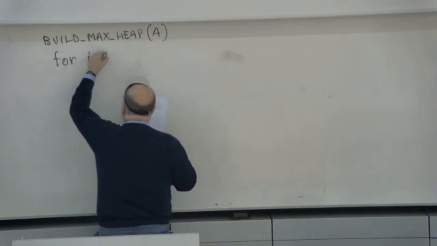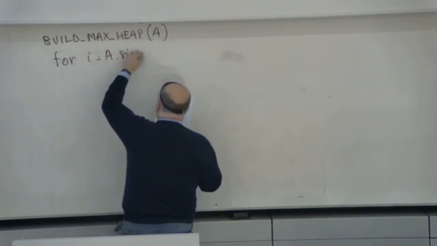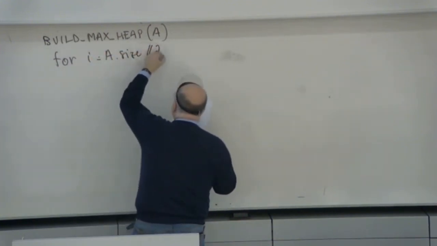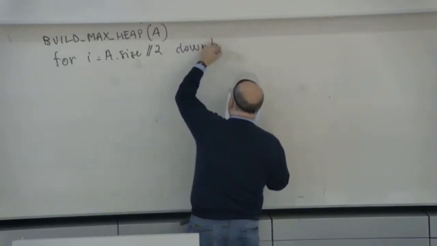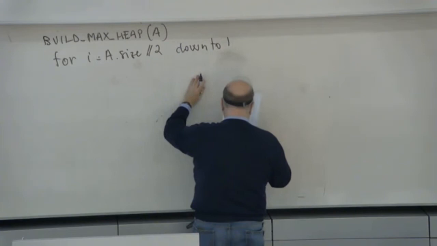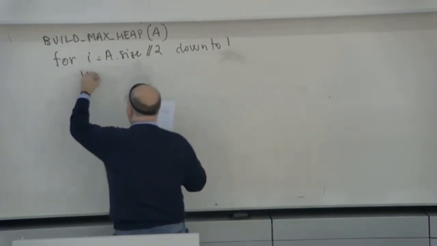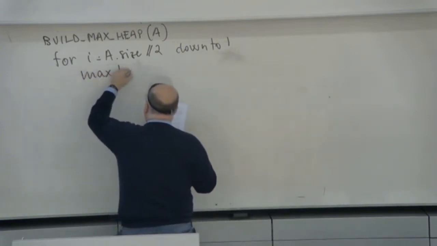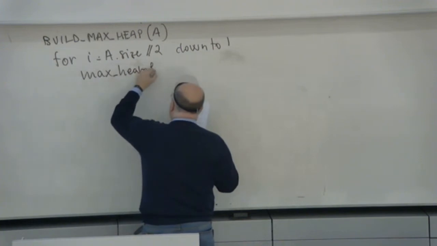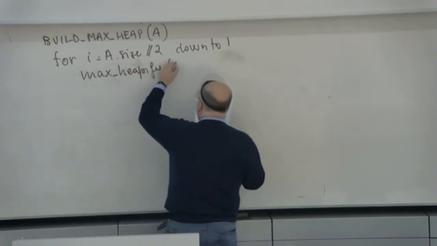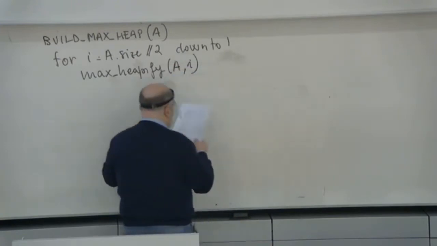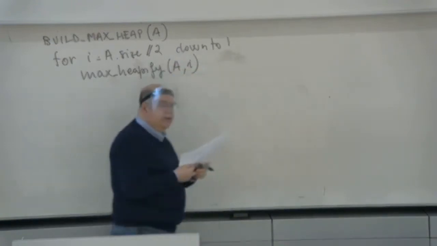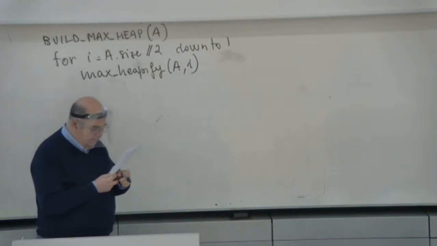It says for i that goes from size divided by 2 down to 1, maxheapify A, i.